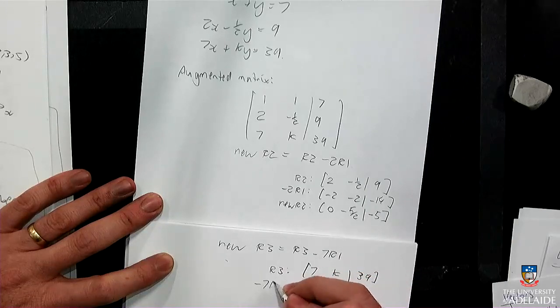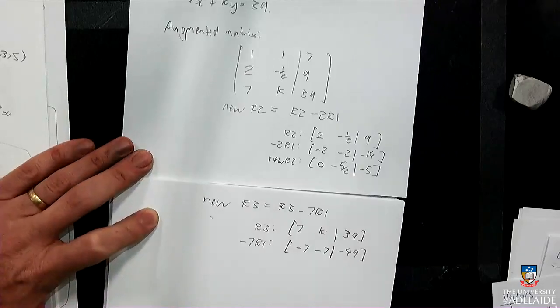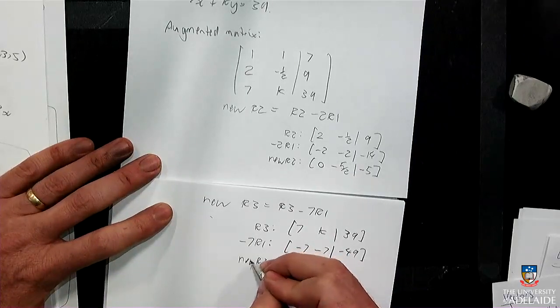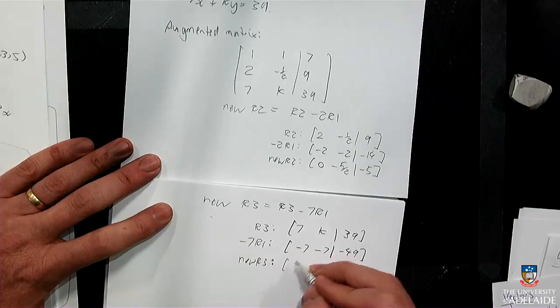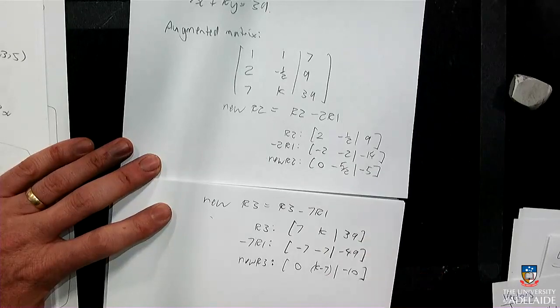This is minus 7 of row 1. Minus 7, minus 49. Okay. And this must be what my new row 3 is then. So let's see, this plus this is 0. This is going to be whatever k minus 7 is, and minus 10.